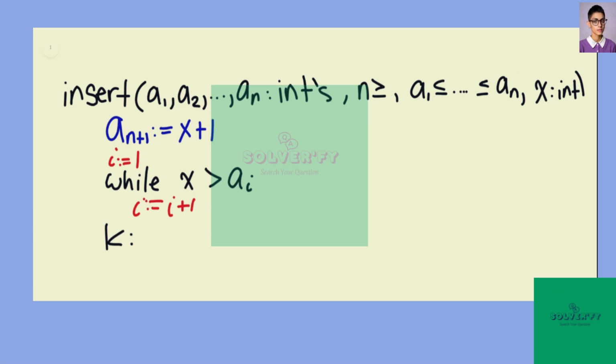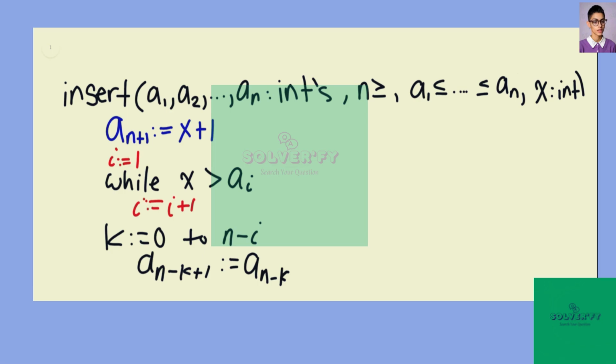So for k being equal to 0 to n minus i, so now we're just shifting, right? So whatever the a to the n minus k plus 1 value is going to be moved over 1 to the a n minus k.